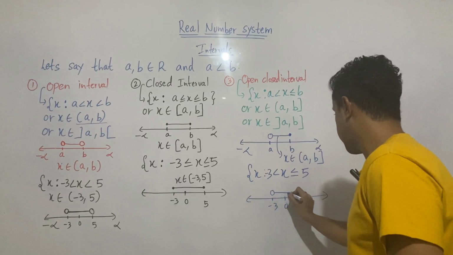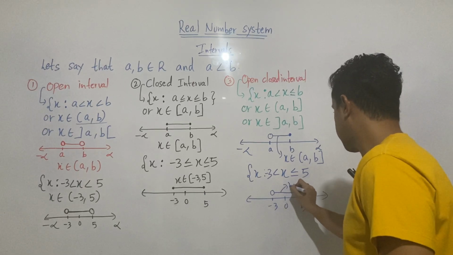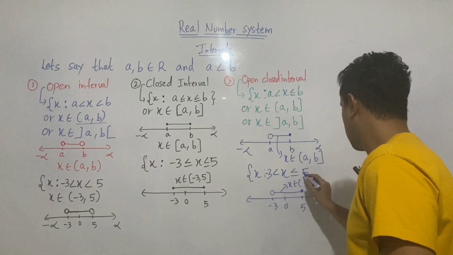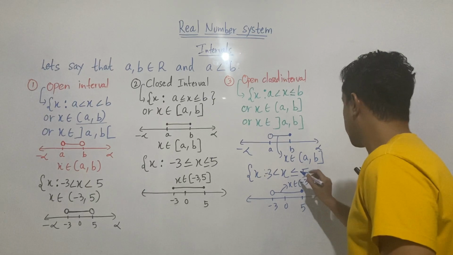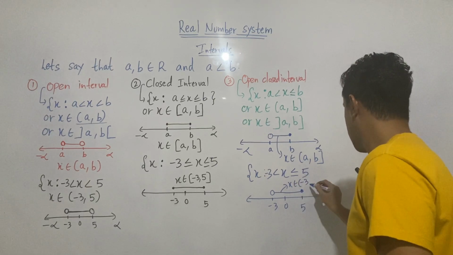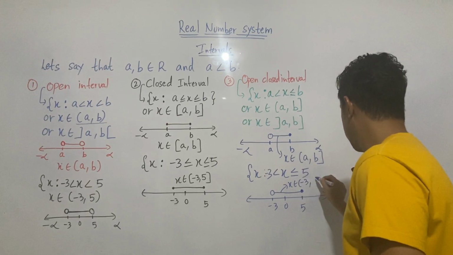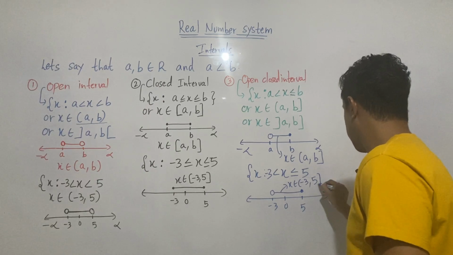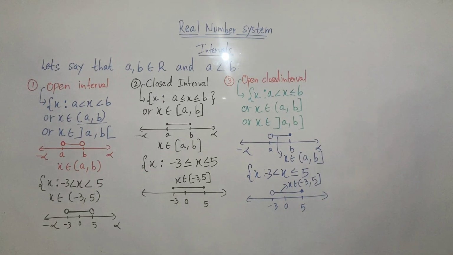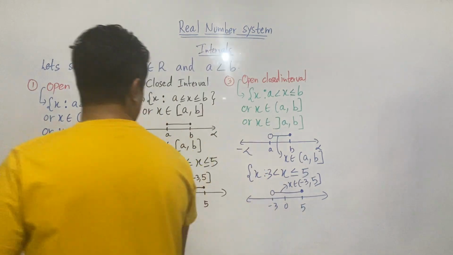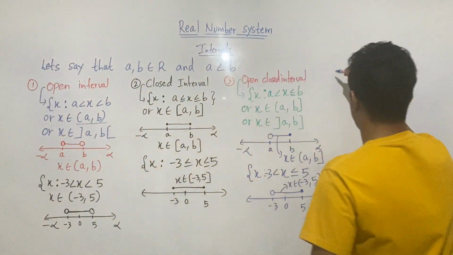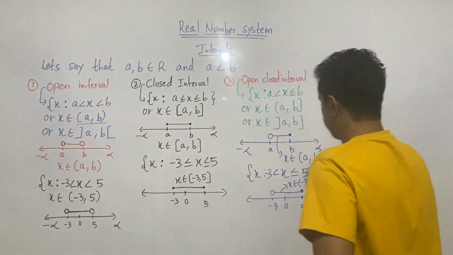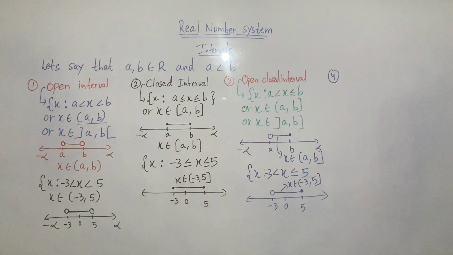Okay, so this represents x belongs to the open closed interval (-3, 5]. Understand? Then go to the next one, number 4. I hope this is visible, right?